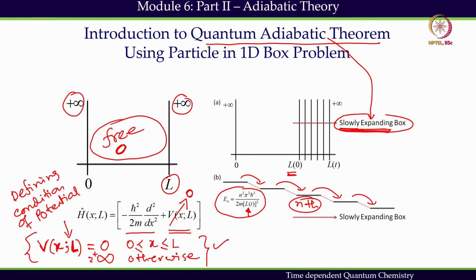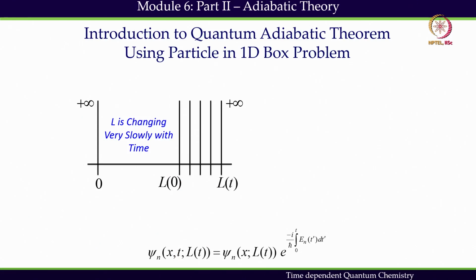So these are the facts which one can immediately conclude from this expanding box problem, employing this quantum adiabatic theorem, where the adiabatic approximation is the slow expansion of the box.